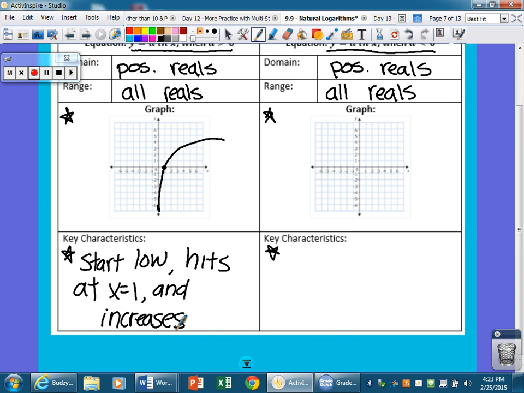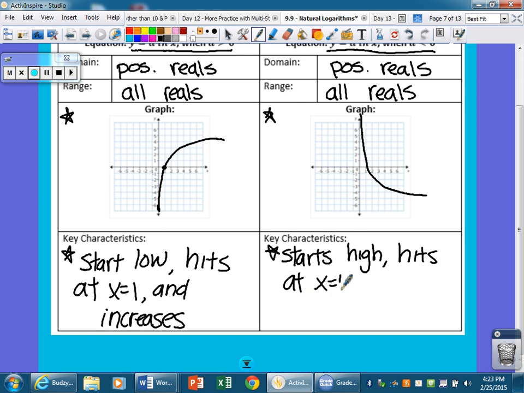Then for your other graph, it's the opposite. We're going to start up here, and then it's going to look like this. So again, opposite: it starts high, it hits at x equals 1, and it decreases.